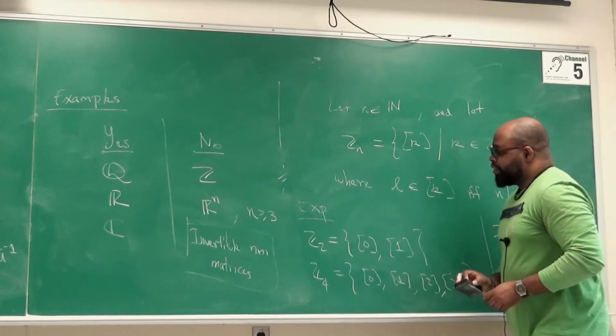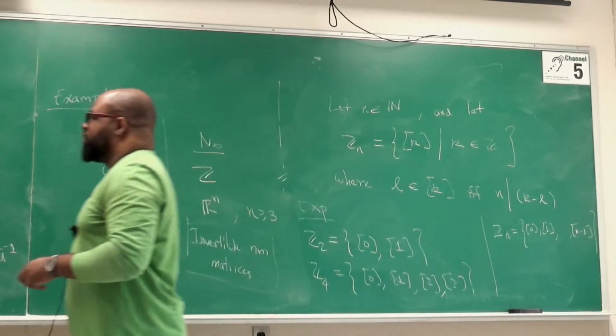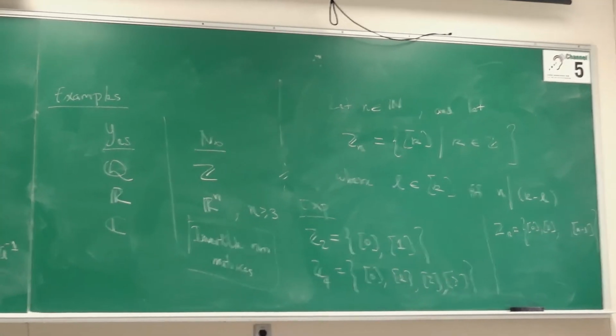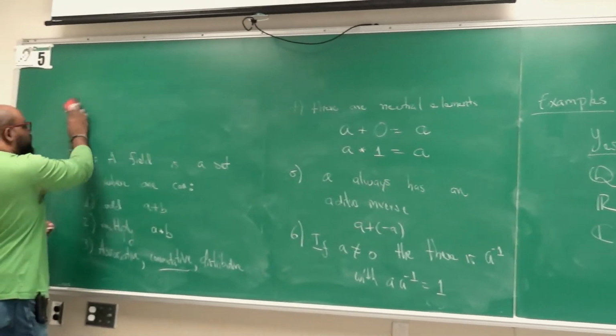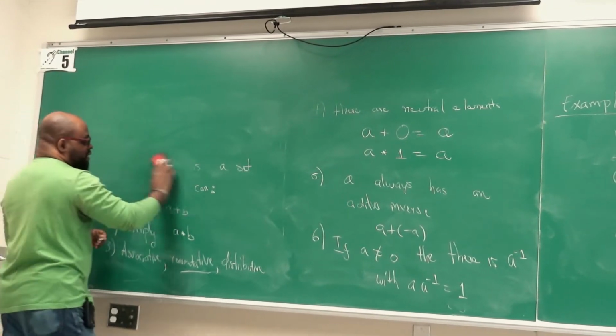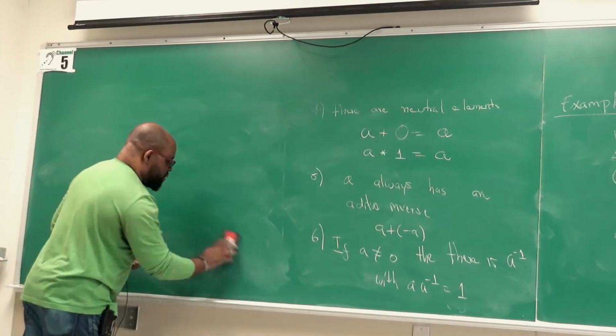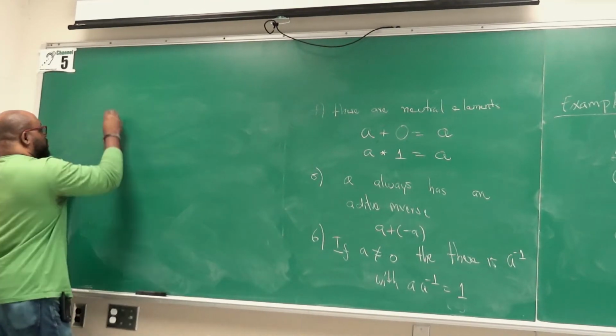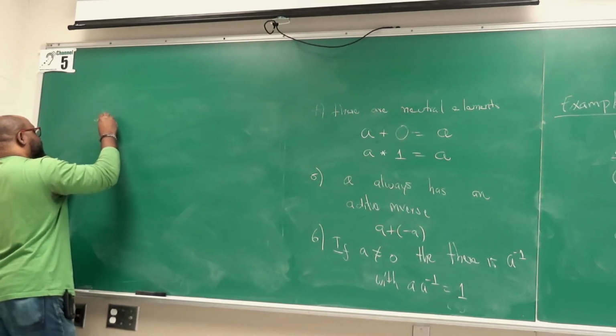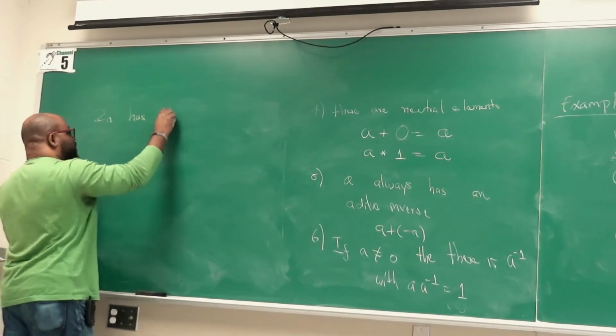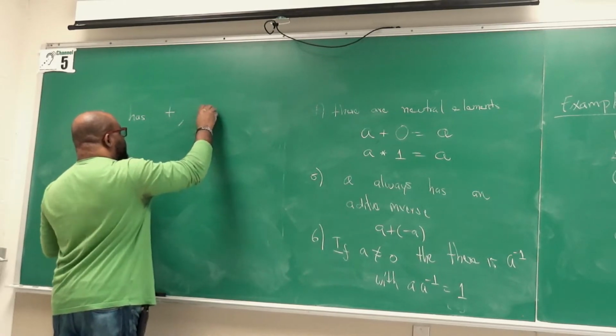Okay, so these Z mod n's also have addition and multiplication. So Z mod n has plus and times.